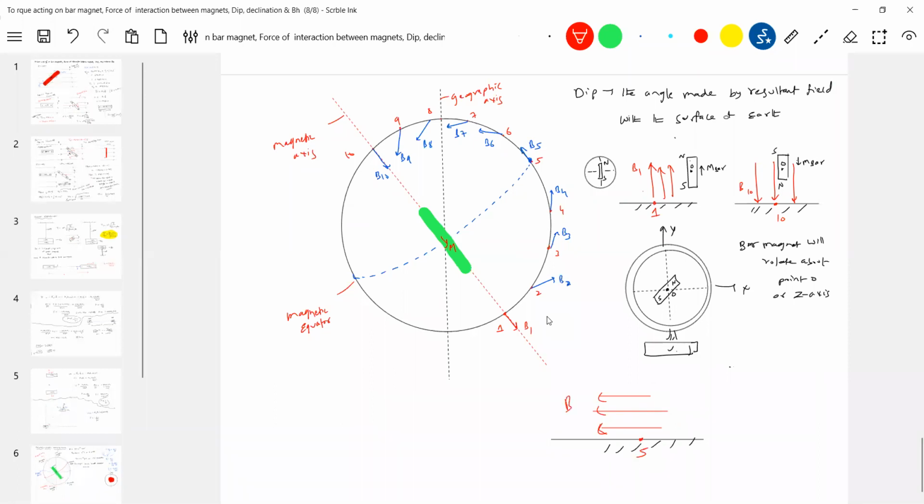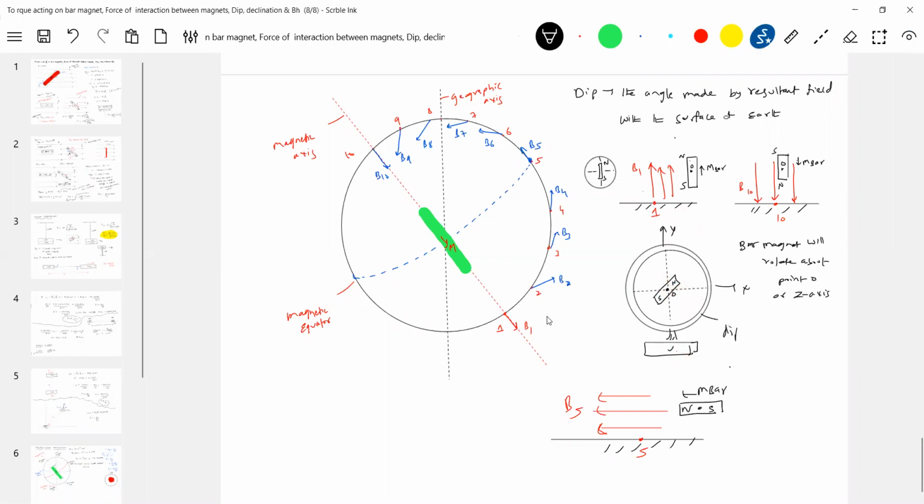There's a B bar of the earth. If you keep the bar magnet here, it will get aligned itself tangential to the field. So the bar magnet will align itself in the direction of B bar. M bar of the bar magnet will be along this particular direction. Able to understand now? This is called a dip circle.